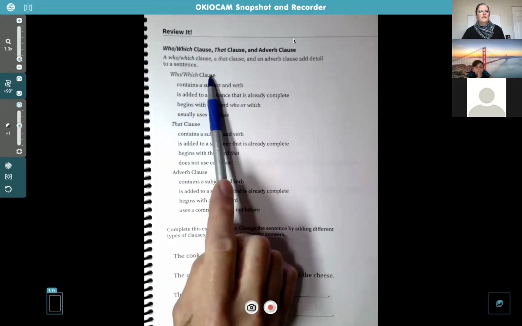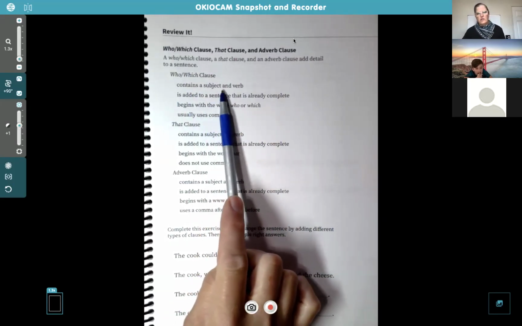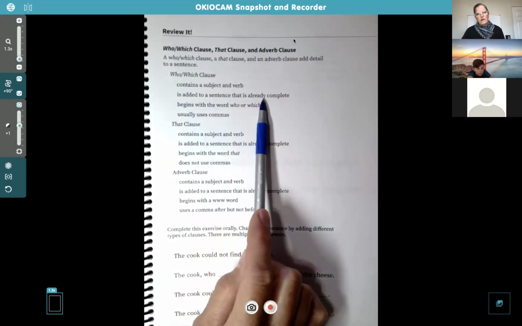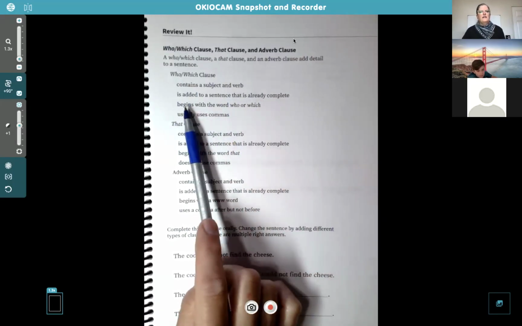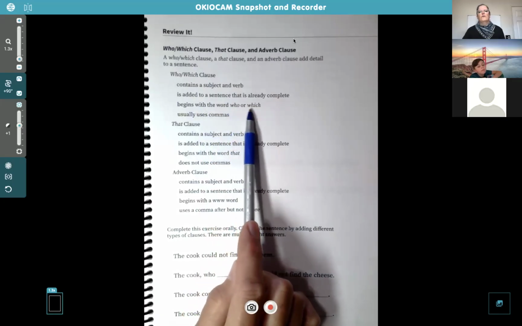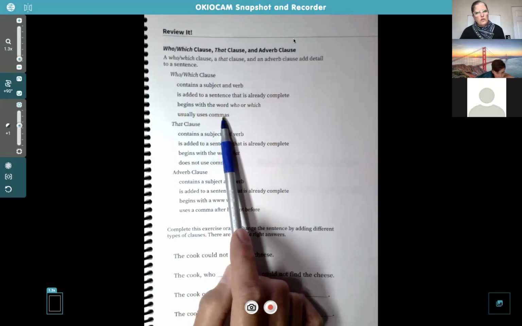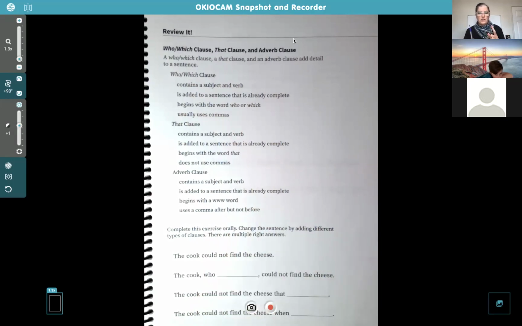So look at the who which clause. It says it contains a subject and verb, just like I said. It is added to a sentence that is already complete, and it begins with the word who or which, and it usually uses commas. Sometimes the who which clause is in the middle of the sentence.